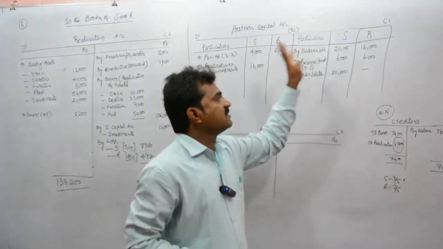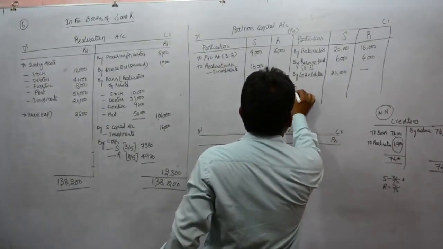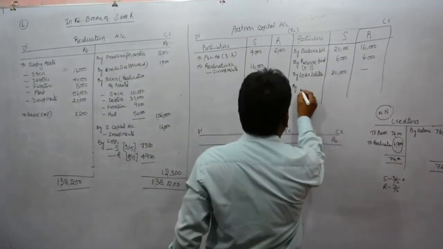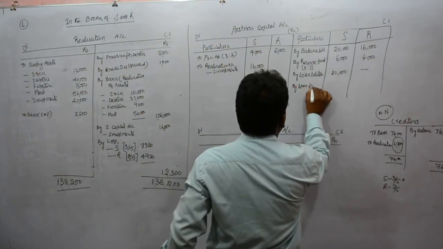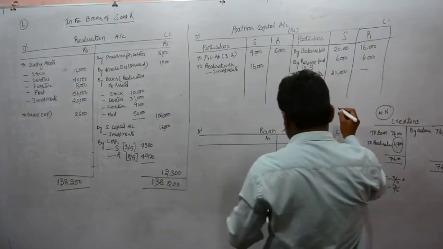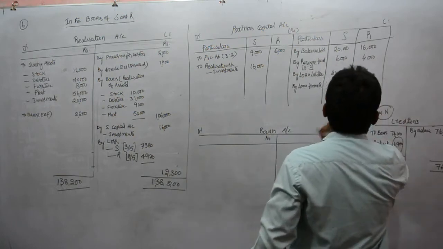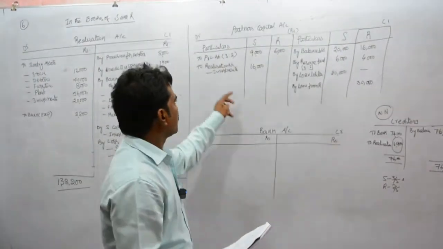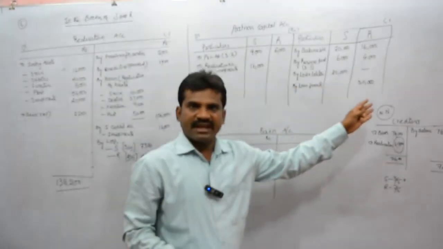Finally loan from the partner is also there, that also to be credited to his account. Loan from R, that is 30,000 rupees, that also to be paid to the partner. So we have posted all the entries to the capital accounts also.